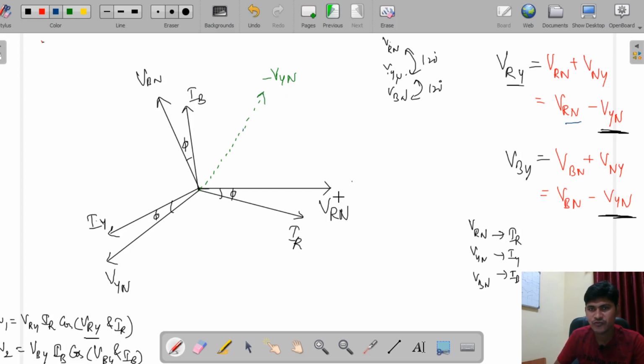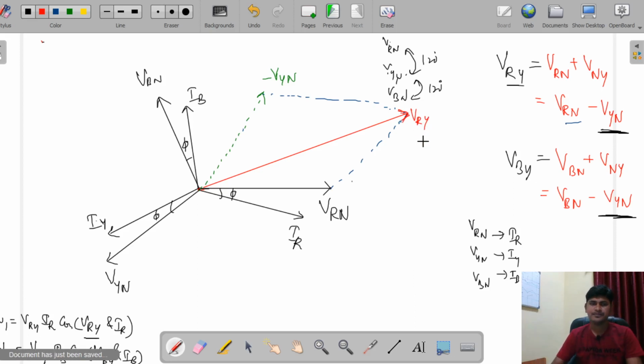The phasor sum of these two, VRN and minus VYN, is VRY.